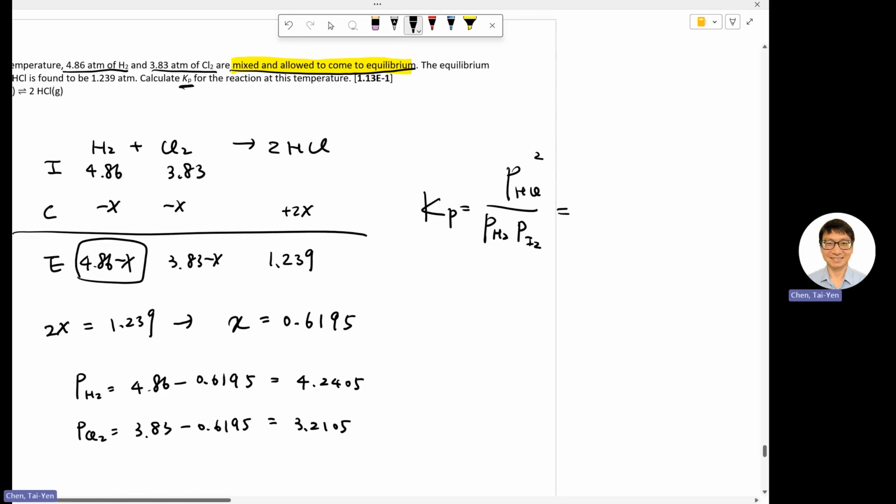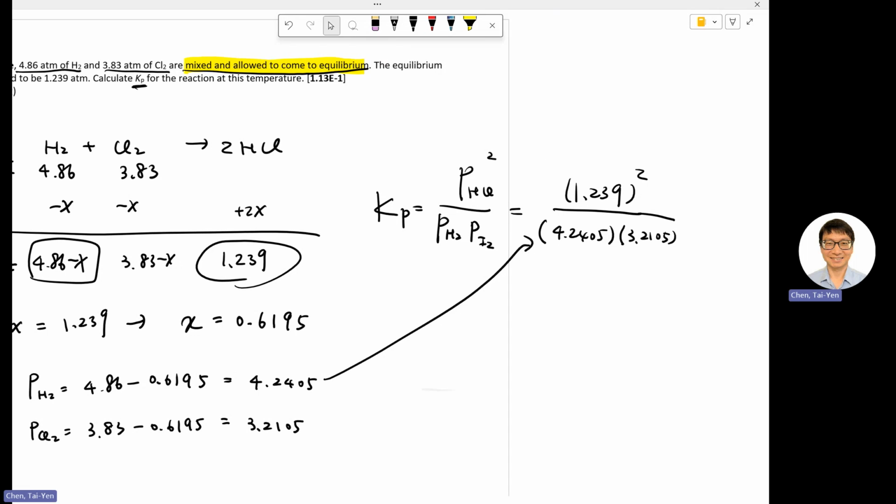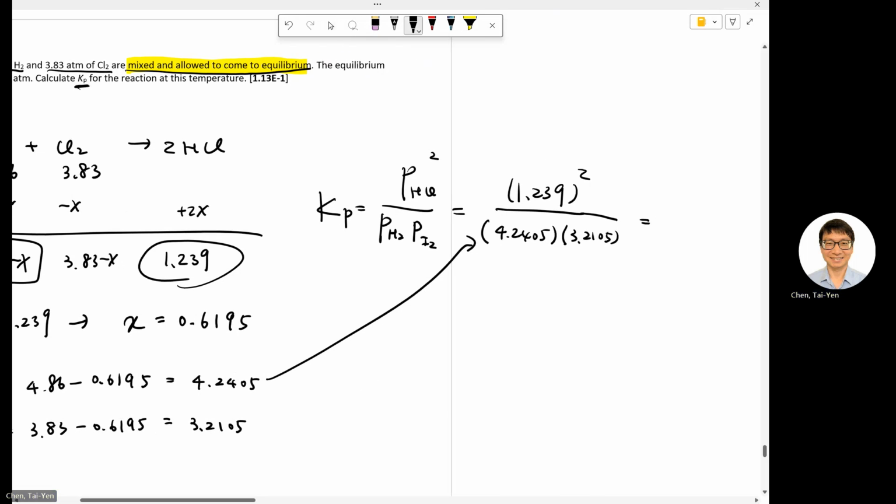The pressure of your HCl at equilibrium is 1.239 to the second power, the pressure of your H2 is 4.2405 to the first power, and then CO2 will be 3.2105 to the first power. After you compute all this, it's going to give you a value of 0.113, and that will be the value for your Kp. This is how you solve this question.